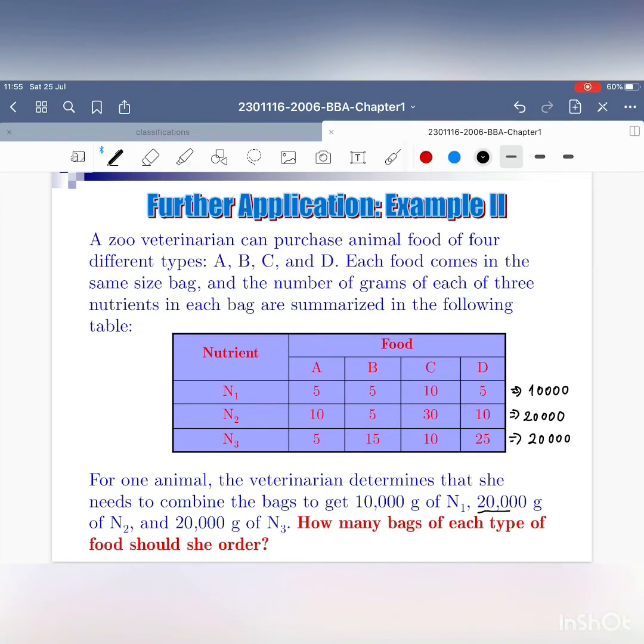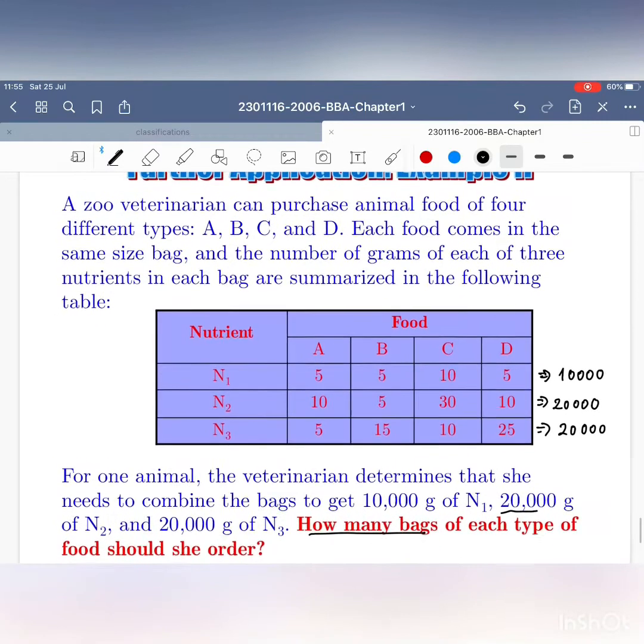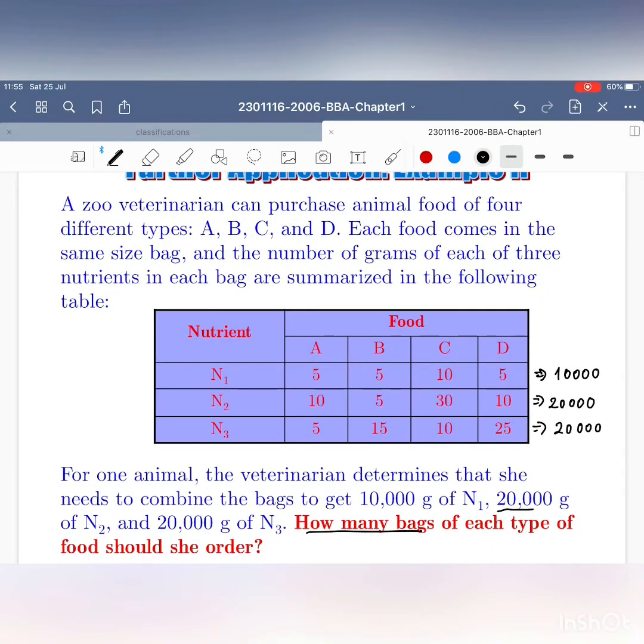Of course the question will ask how many bags of each type of food she should order, so that altogether she gets the nutrition she really needs.